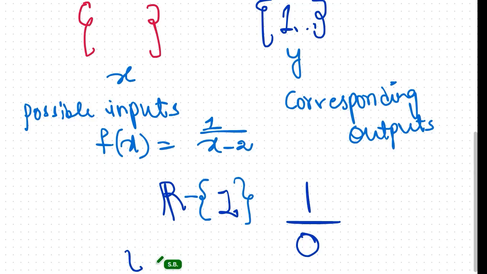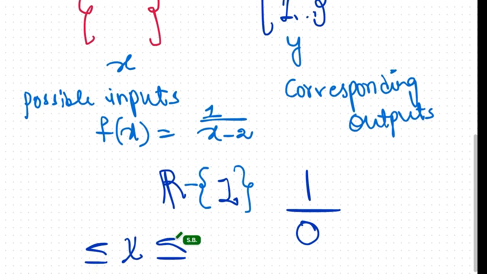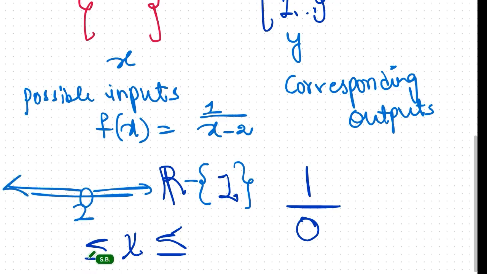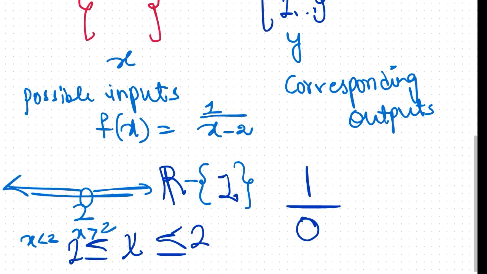You have to indicate that with symbols. Except the element 2. See, everything except 2, right? So x less than 2 and x greater than 2, and no equal to signs. Equal to sign is not there.